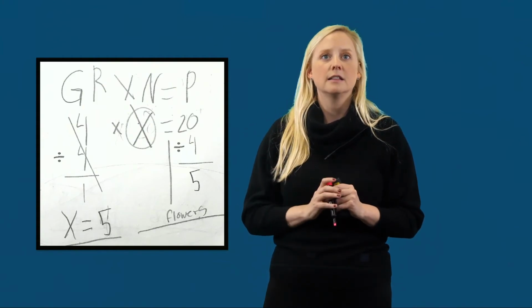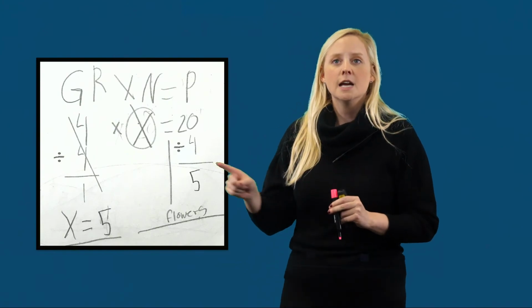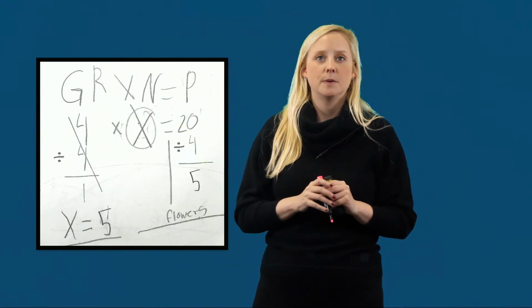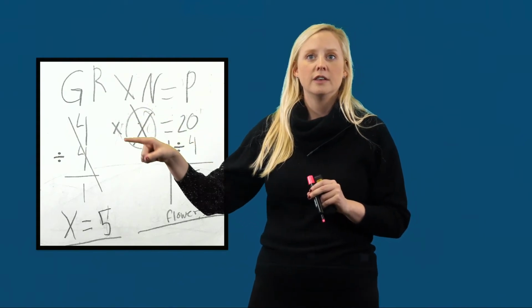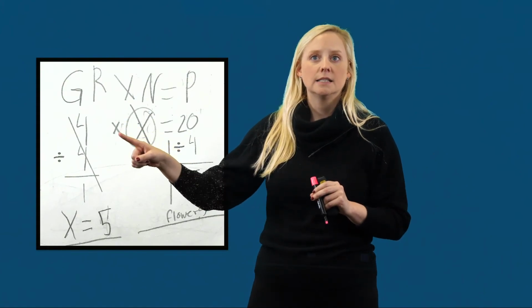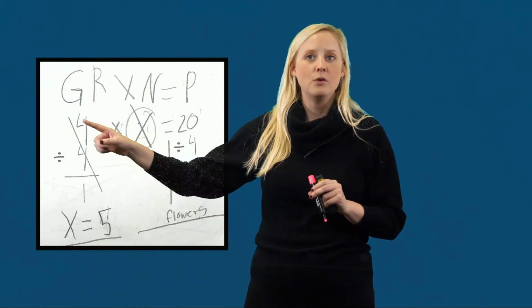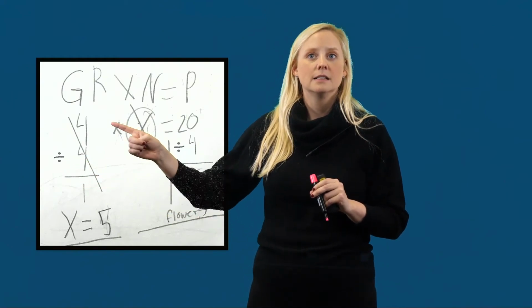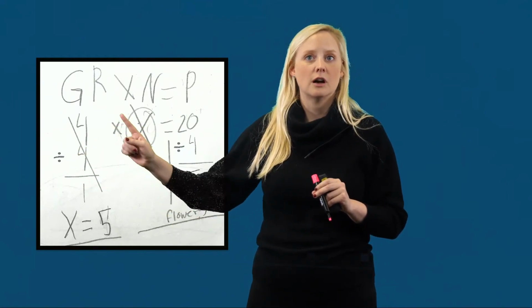But let's take a look at this example of student work. Here we see the student drew a line down from the equal sign as a reminder to balance both of the sides. The student circled the x. The student determined that the x was not isolated. It said times 4 or multiplied by 4, so the student knew he or she had to divide by 4 because times or multiplication and division are opposites.